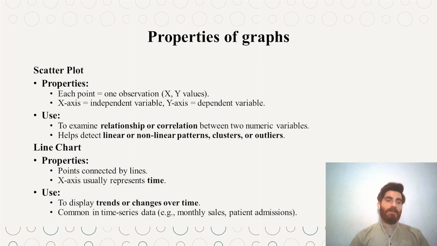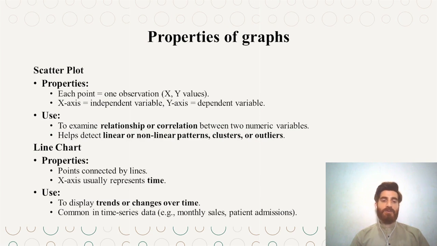Scatter plot. In a scatter plot, each point is one observation. The x-axis is for the independent variable and the y-axis is for the dependent variable. It is used to examine the relationship or correlation between two numeric variables, and helps detect linear or non-linear patterns, clusters, or outliers. In a line chart, the points are connected by lines.